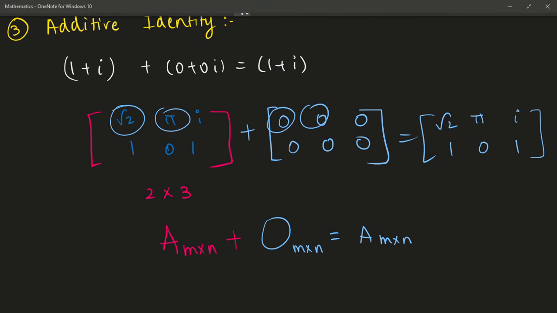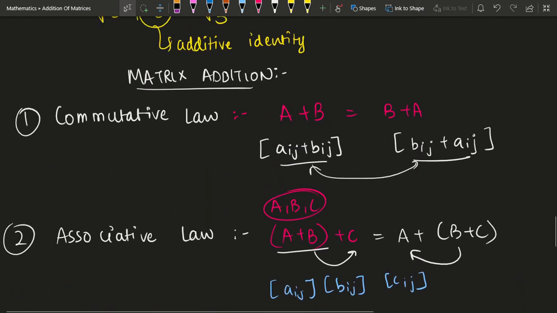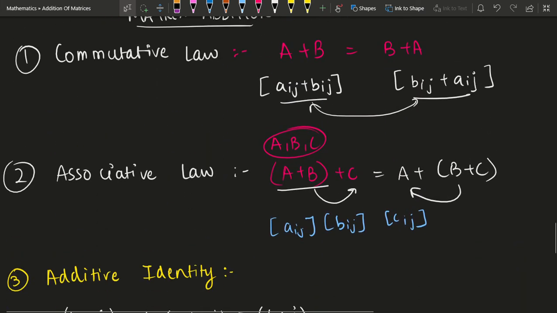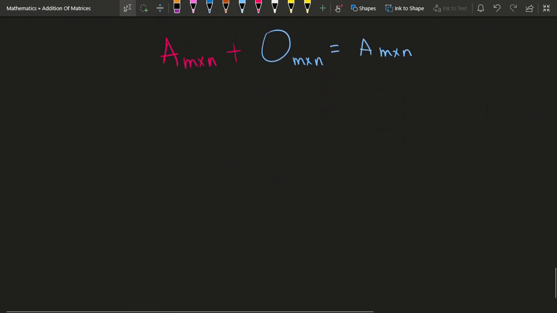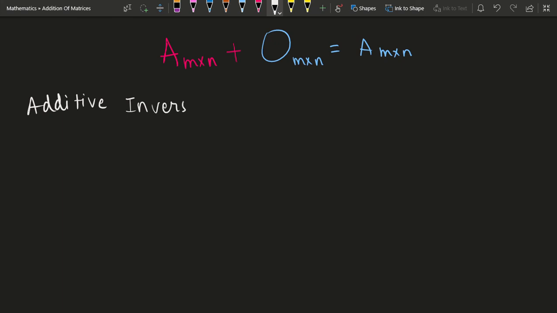Great. So we have so far established commutativity, associativity, and the existence of additive identity. The last one is the existence of additive inverse. What that means is once you have established the additive identity, you have something that's called an additive inverse.